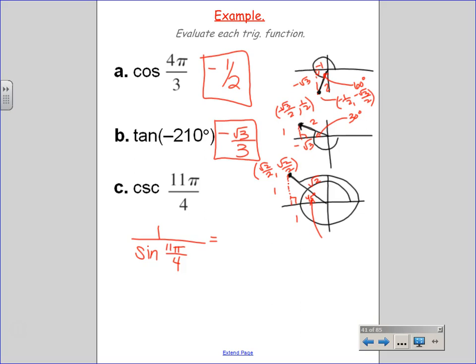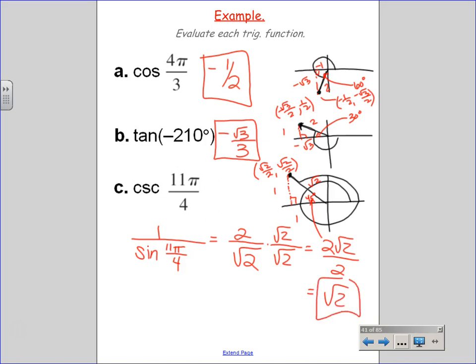Or flipping sine would get you there. It might be kind of nasty. Or flipping the sine of pi over 4 would get you there. Let me show you that way, because you would flip it and get 2 over rad 2. All students, sine is positive in the second quadrant, but you might need to rationalize, which is kind of gross. But it does get you there.